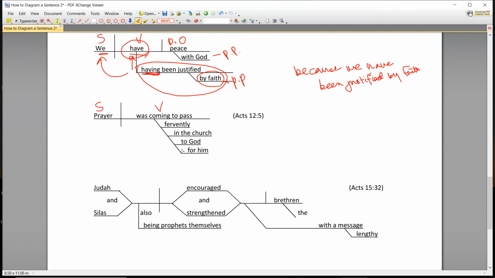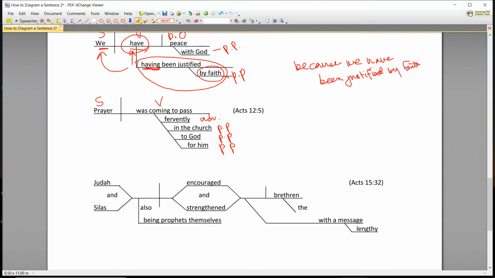So we have four different modifiers: this is an adverb, this is a prepositional phrase, another prepositional phrase, another prepositional phrase, right? But they're all modifying what's coming to pass. Prayer was happening fervently in the church to God for him.